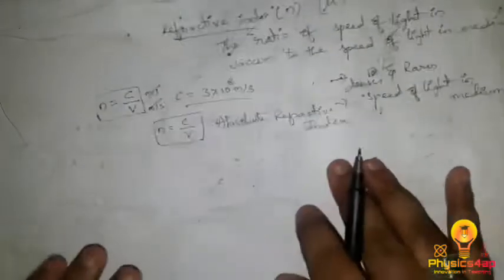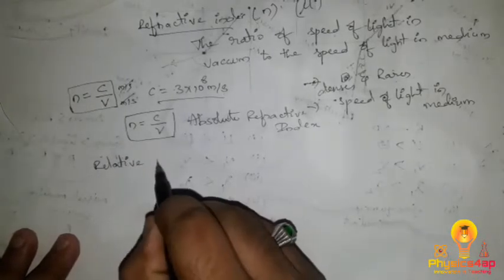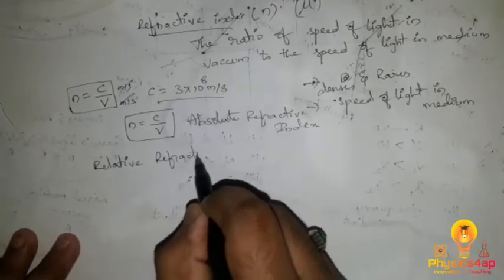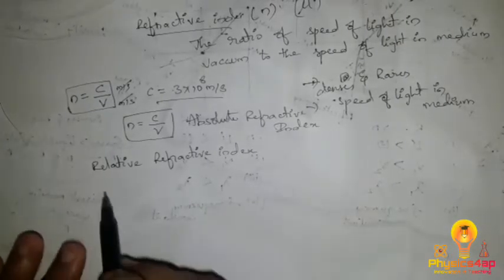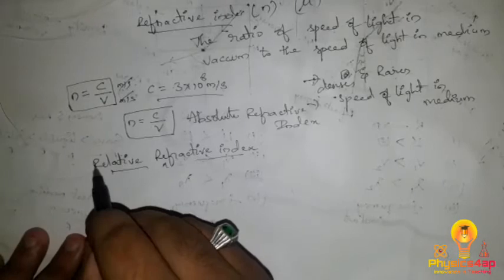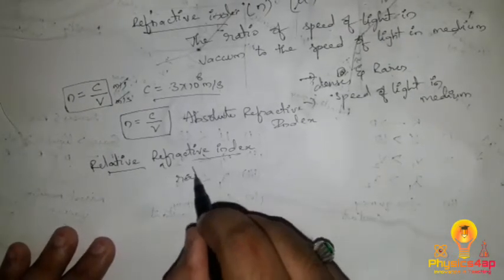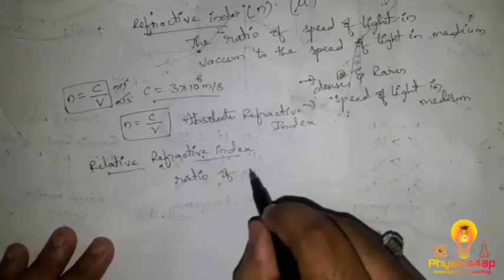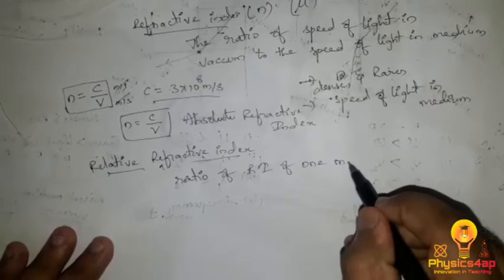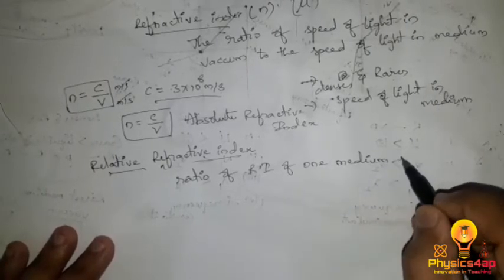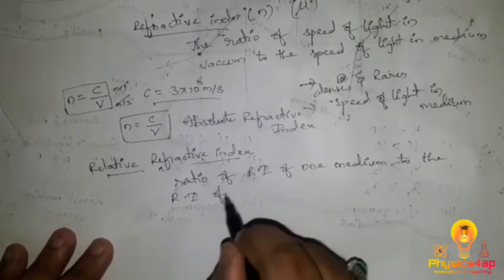Now let's see another refractive index, that is called the relative refractive index. Relative in this term means comparison. It is defined as the ratio of the refractive index of one medium to the refractive index of another medium.